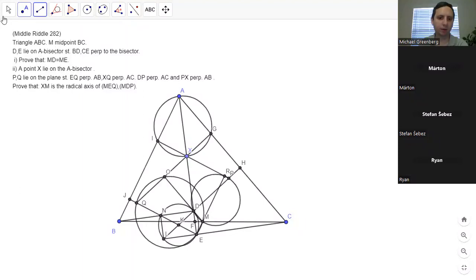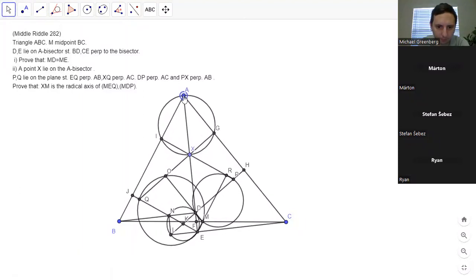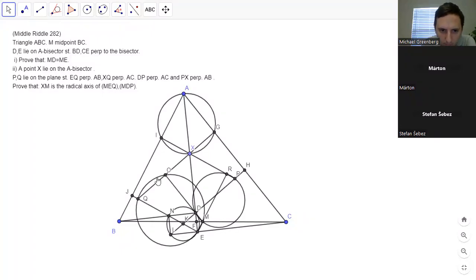QORP. Okay. Interesting. So, also, I found that since DM is perpendicular to XQ, I think that is true, you can check it.